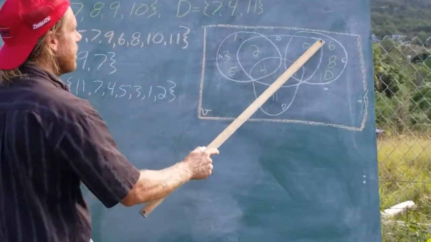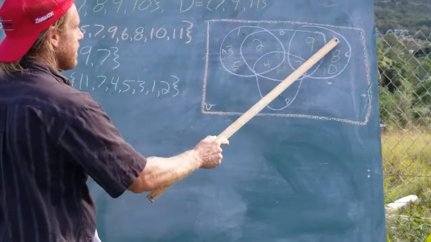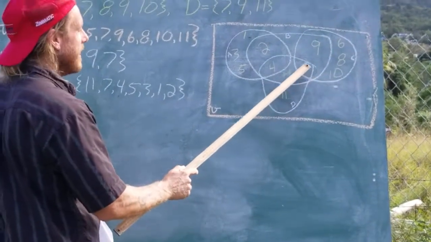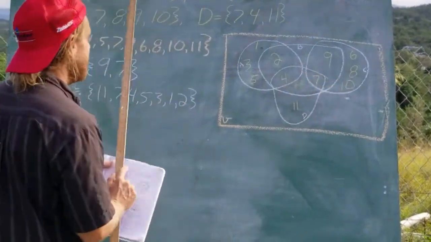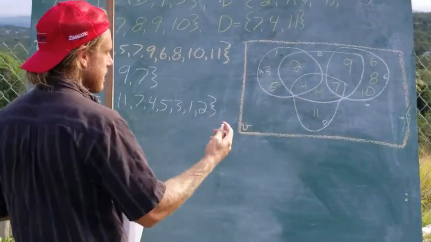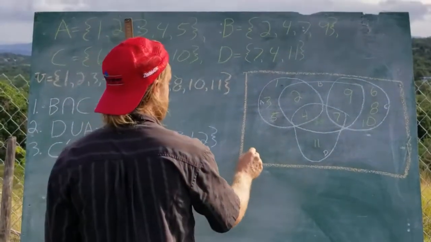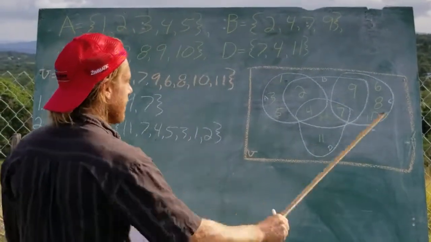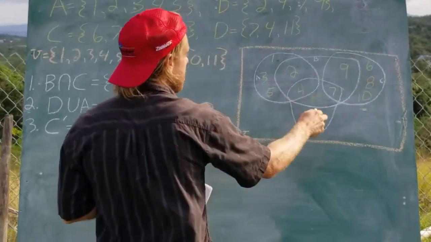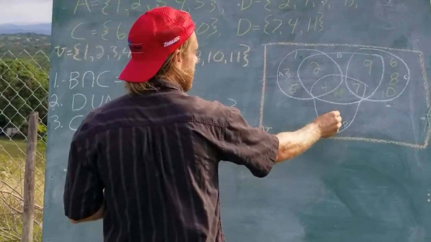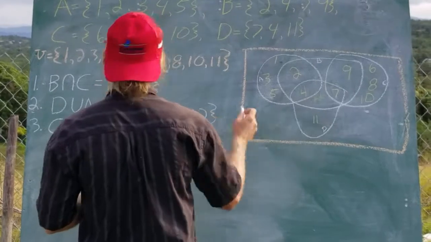We're not going to include these elements. Whatever else our set may contain, it does not contain 7, 9, 6, 8, and 10 because that is set C. To state it positively, it's everything within the universal set, so everything under discussion, with the exception of C. So we should have 11, which is in the universal set but is not in C.